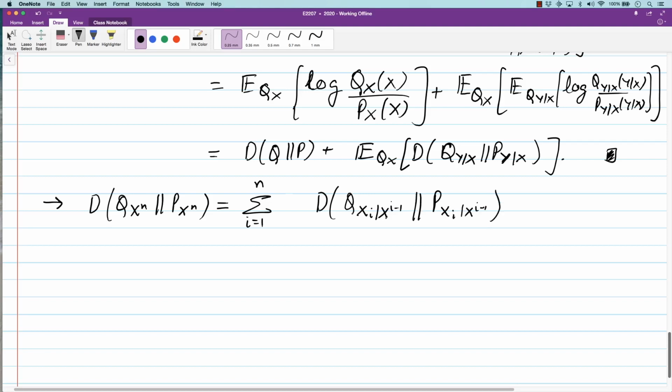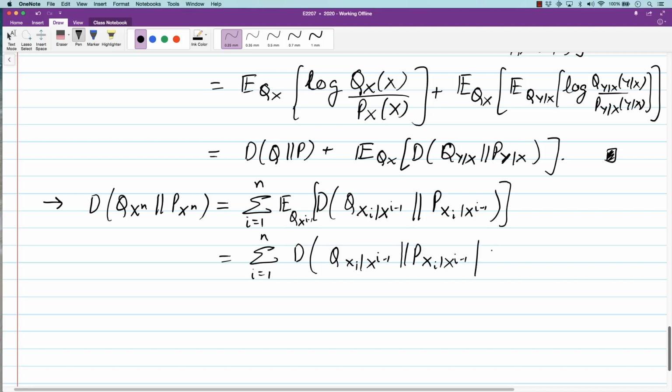Now this is a random variable depending on the past, and so you take expectation with respect to the past but under the measure q. More succinctly, this is represented as conditional divergence. Somehow this conditional divergence notation is very handy, but it's not so popular outside the information theory literature. So that's what this divergence is.